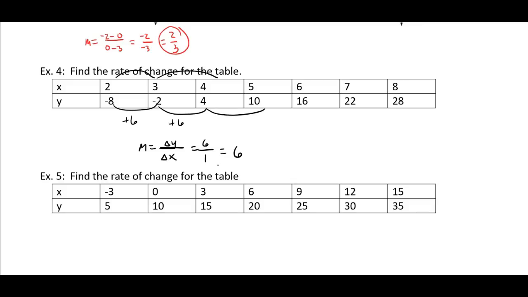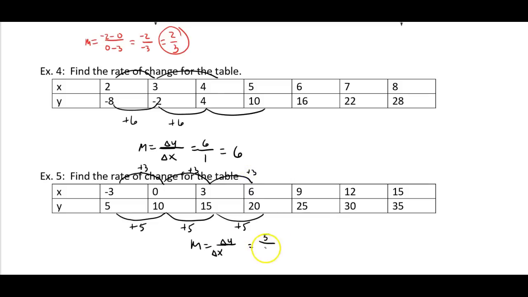If I look at the next table, here's the thing. What did I go up here? I went up 5. What did I go up here? Up 5, up 5. So right away, change in y over change in x. What is my change in y? Positive 5. My change in x, though, if I look at my x values, I went up 3 here, up 3 here, up 3 here.